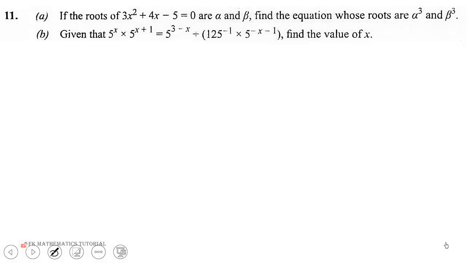Given that 5 exponent x times 5 exponent x plus 1 equals 5 exponent 3 minus x divided by 125 exponent negative 1 times 5 exponent negative x minus 1, find the value of x.